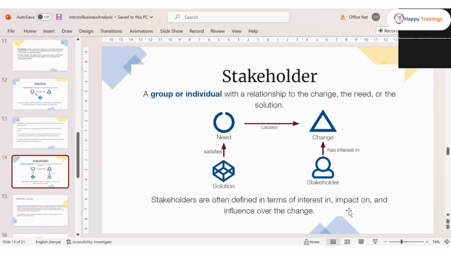Stakeholders: a group or individual with a relation to the change, the need, or the solution. A stakeholder has an interest in a change or solution which satisfies their need. Stakeholders are often defined in terms of interest in, impact on, and influence over the change.